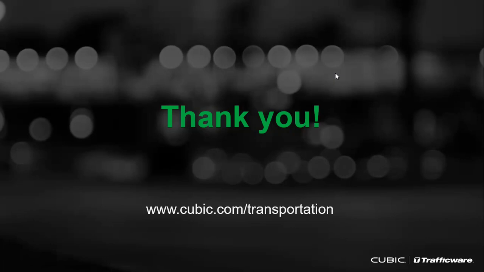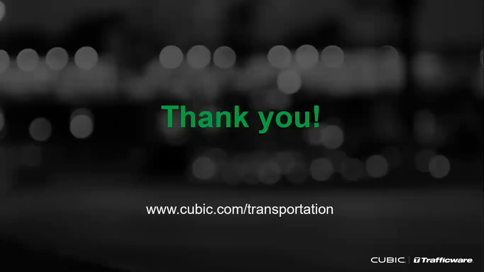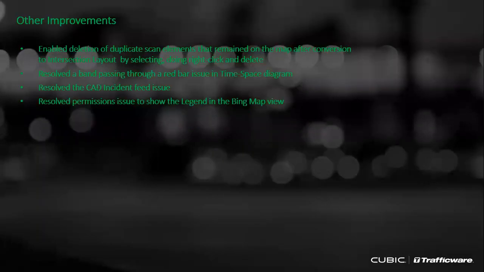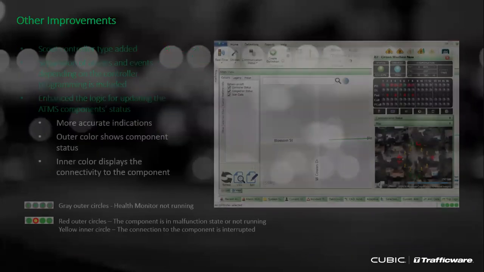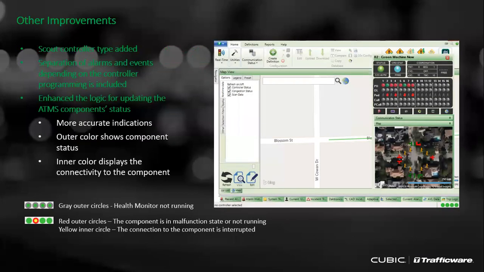The first one is, for turning movement labels, is it possible to add northwest through southeast left? It is absolutely possible. Let me just go back. If I go back to one of the intersection layout screens, just give me the opportunity to scroll back.